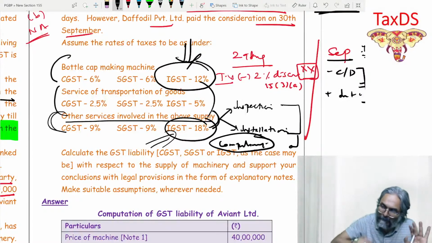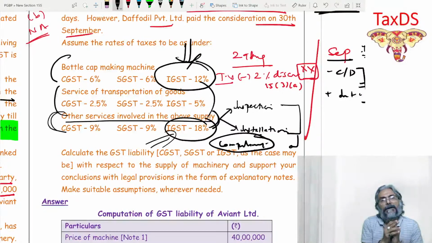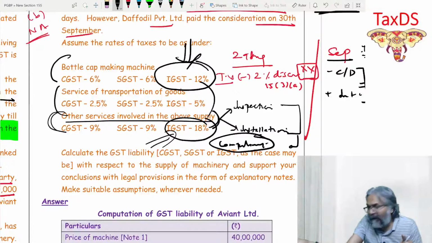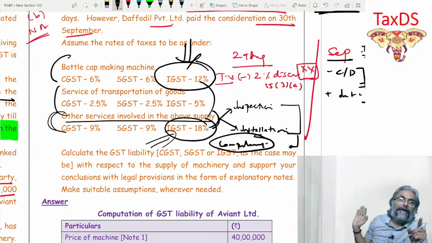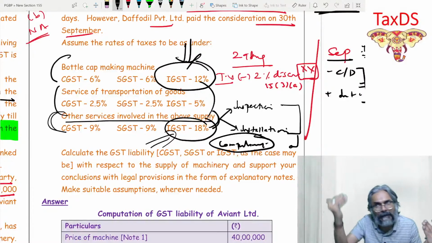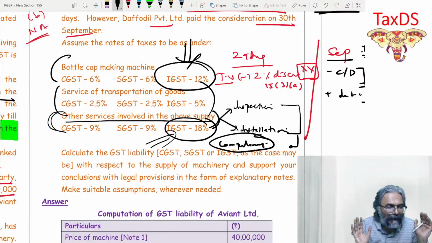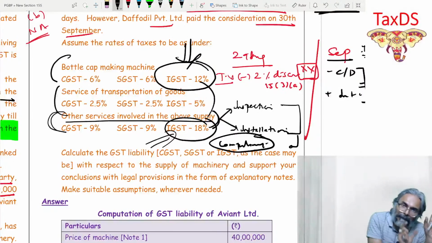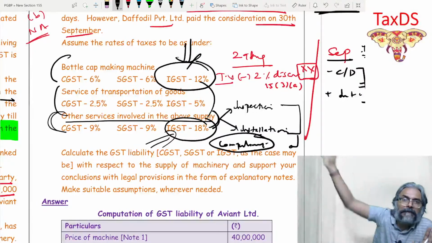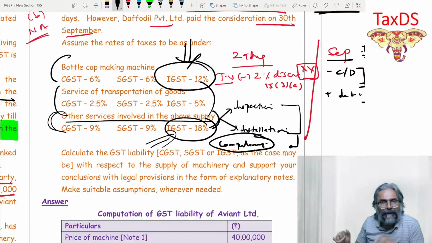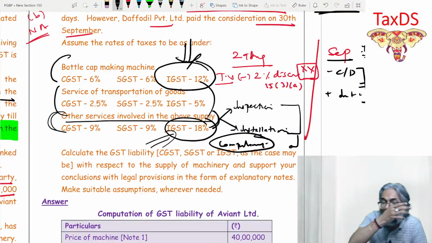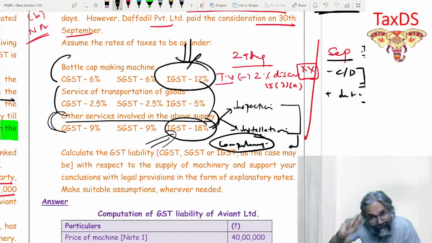So it is compulsorily given in the normal course, therefore naturally bundled, and one of the supplies is a principal supply, which is the supply of machine. If that is the case, the composite supply would be identified with the principal supply. This is the answer. The way I have given you in the chapter of composite supply and mixed supply, the same way you have to write the notes.